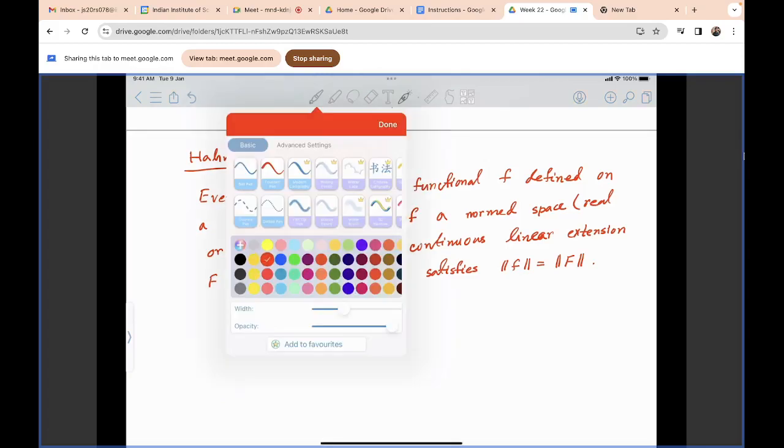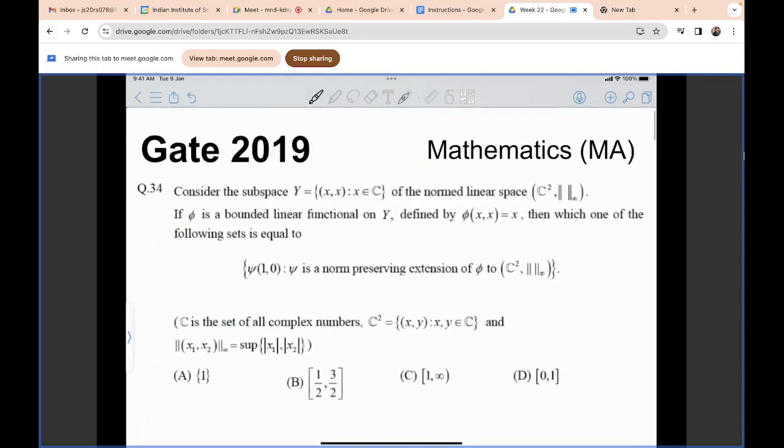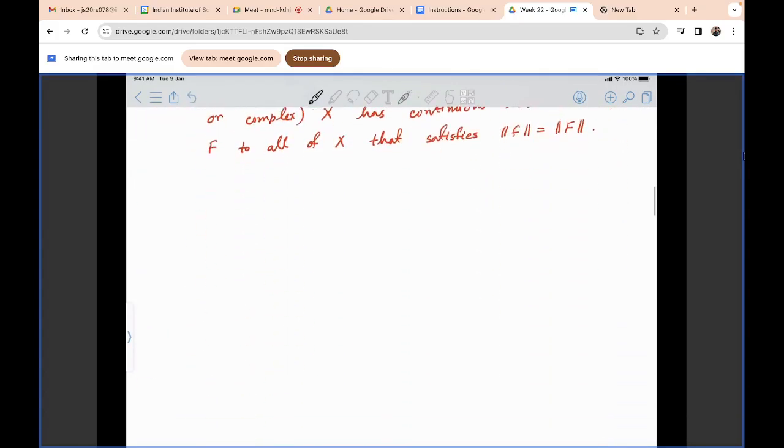So let's see here what we have. Here again the subspace Y is this diagonal subspace of C2: Y is the set of (x, x) such that x is a complex number.